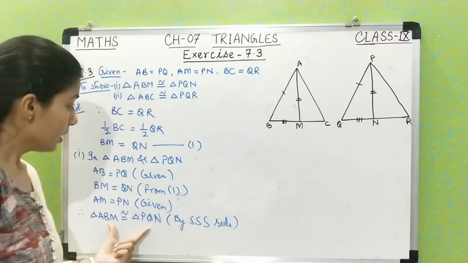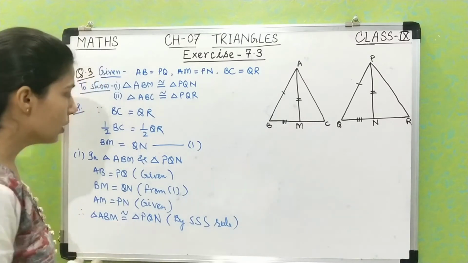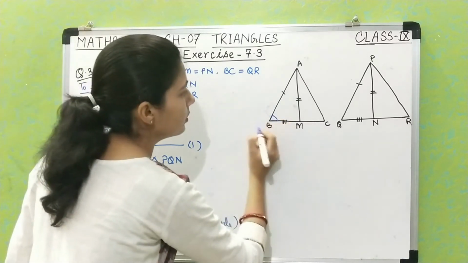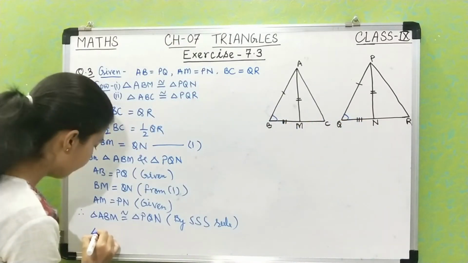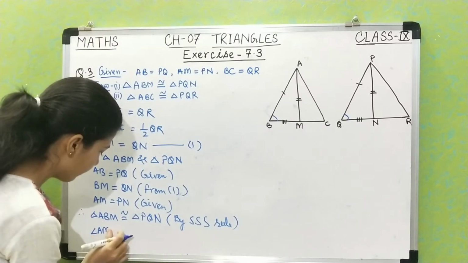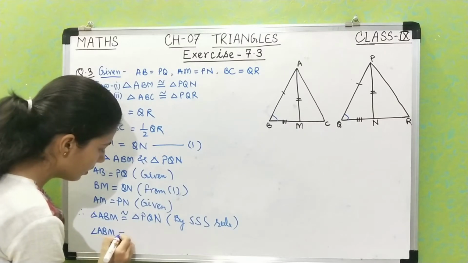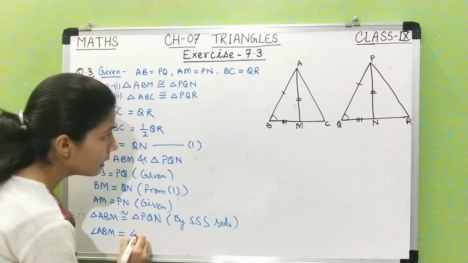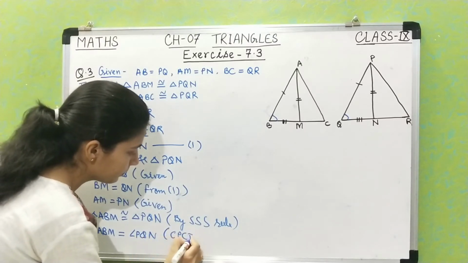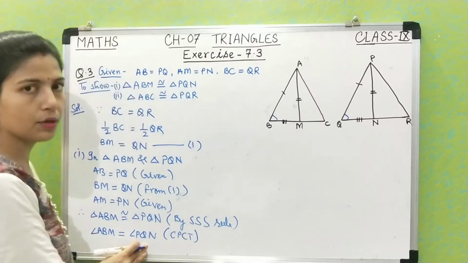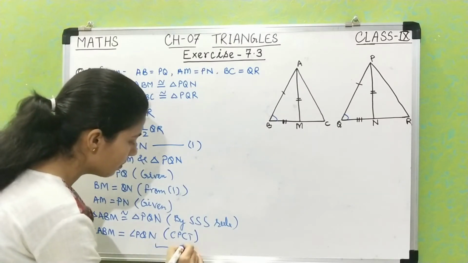Okay, now these triangles are congruent, so their corresponding parts will also be equal. So here we are taking angles B and Q. Angle ABM will equal angle PQN by CPCT, because these angles are the corresponding parts of congruent triangles, and give this as equation number 2.